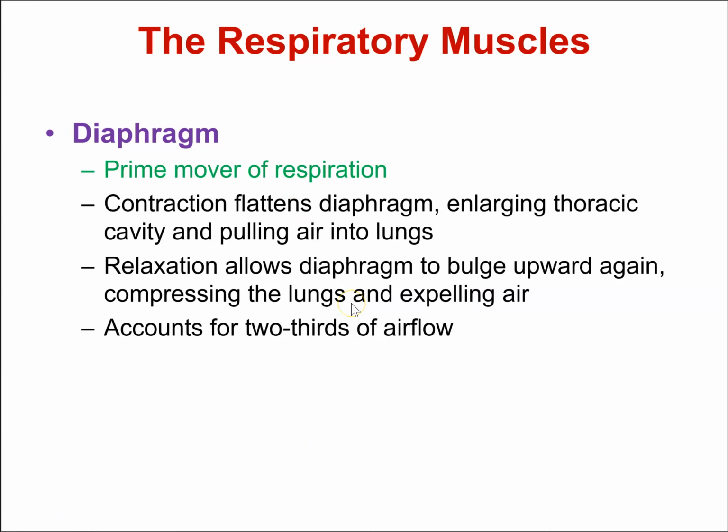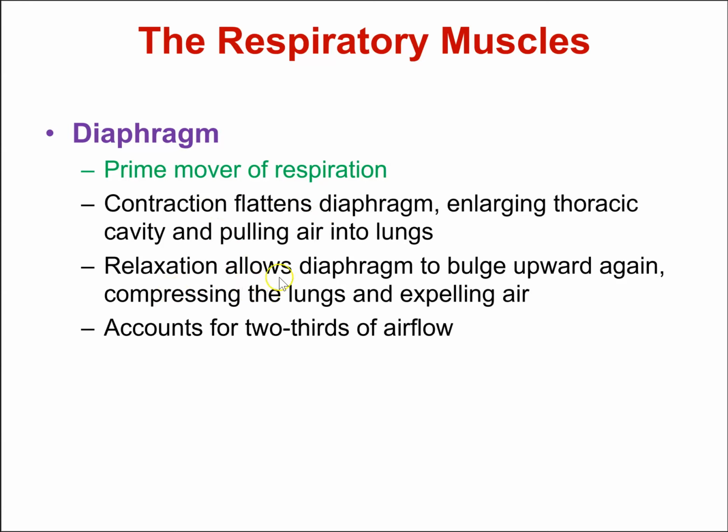So the diaphragm, as we discussed earlier, is the muscle that separates the thoracic cavity from the abdominal cavity. When we breathe in air, the diaphragm contracts and flattens, and it allows more room for air inside the lungs.